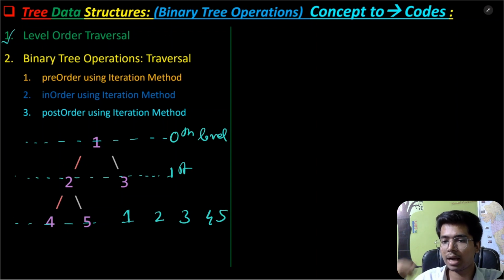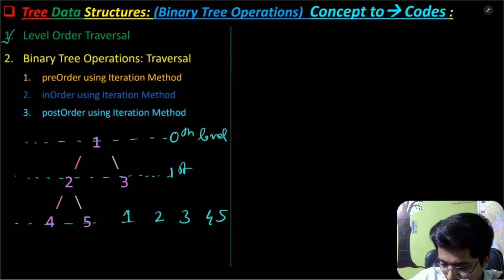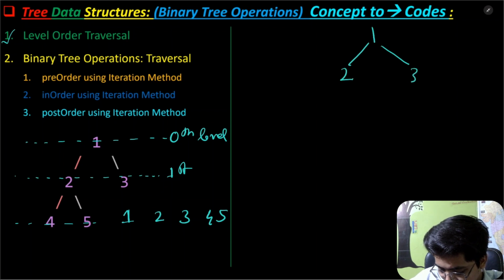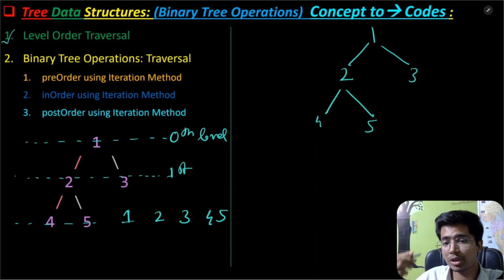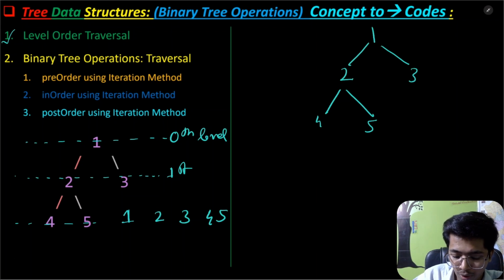So first let's understand how we can think in terms of program. This is the tree: 1, 2, 3, 4, 5. This is the pictorial representation that we see, but how is it actually represented in terms of program, in reality?